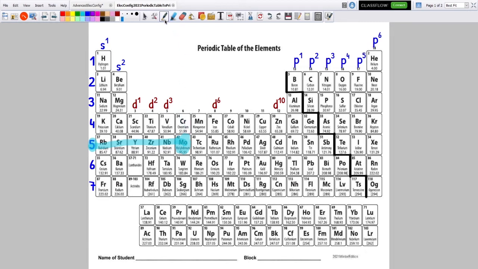And so molybdenum's electron configuration will end in 4 for its energy level. Even if it's in the 5th row, it's 1 less. So it's 4, and it'll be d4. It's in the d4 column right here. And it has 42 electrons.